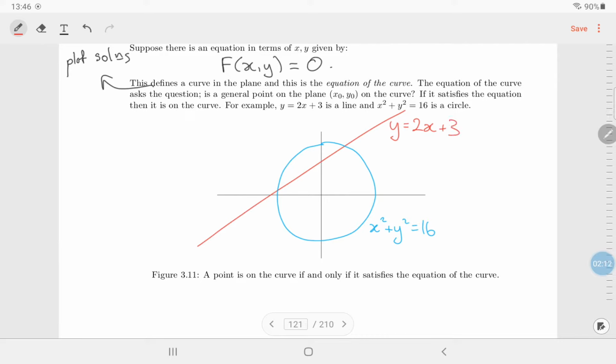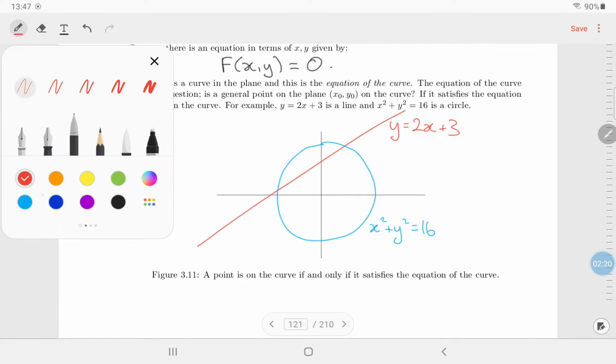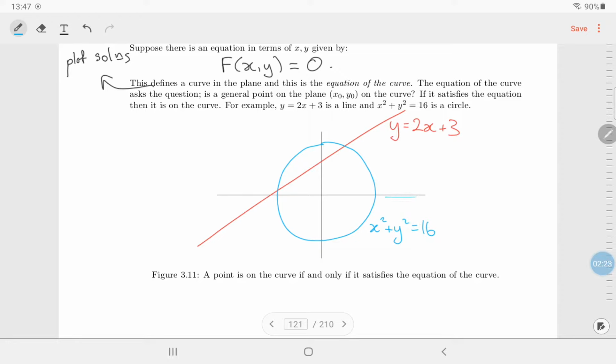So this is how you get this relationship between equations, which is algebra, and geometry. So for example, if we look at, say, the point 5, 0, it doesn't satisfy the equation. If you look at x squared plus y squared for that, you get 5 squared plus 0 squared, 25 plus 0, 25, which is not 16.